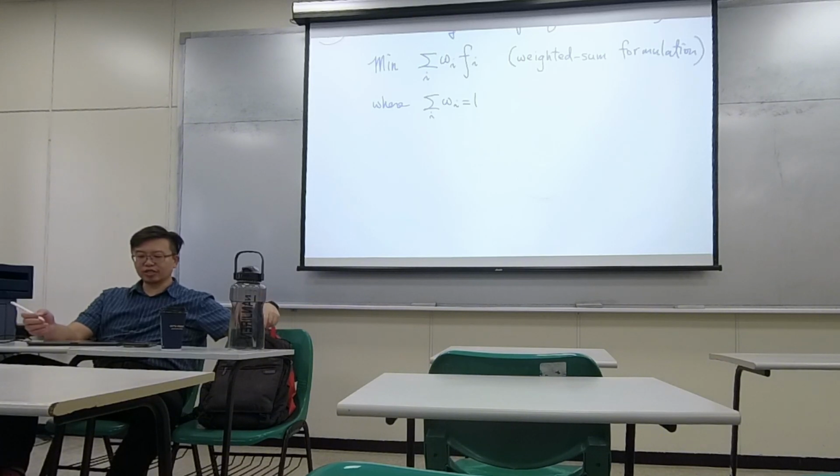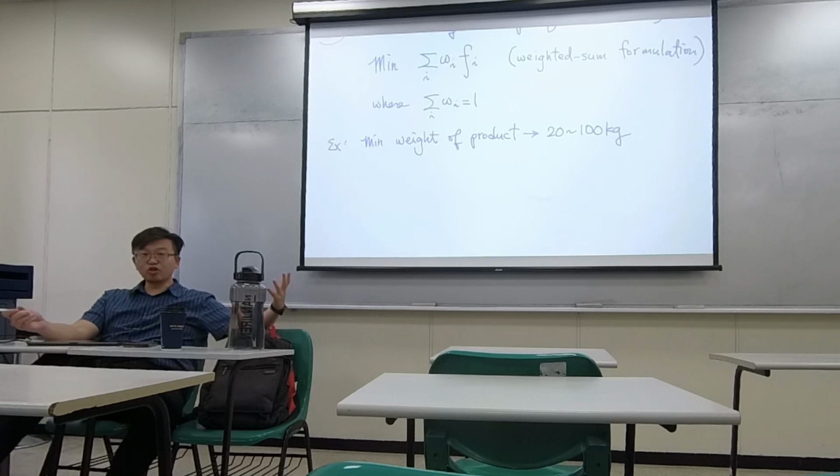For demonstration, let's say you want to minimize the weight of the product, and it ranges from, for example, 20 to 100 kilograms. So the unit is kg, and the value is in the range of 20 to 100.